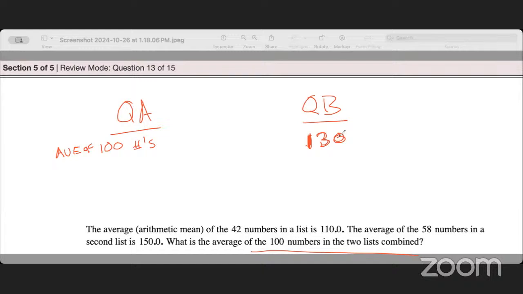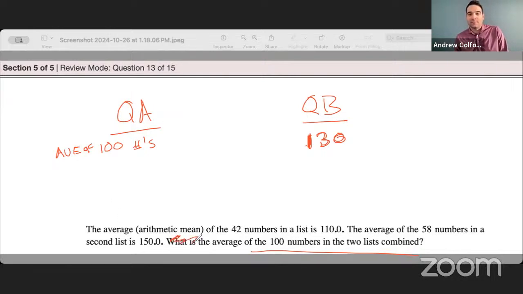Are we using this list of numbers still in this scenario? Yes, that's what I'm saying, everything in the way it's written is the same. The average of 42 numbers is 110, the average of 58 numbers is 150, but instead of a numeric entry, I'm making it a quant comparison. What's greater, the average of the 100 numbers in these two lists combined, or 130?